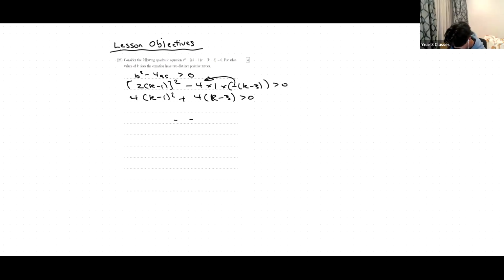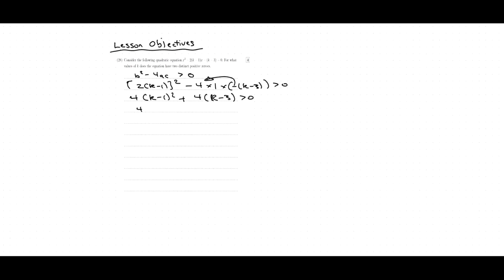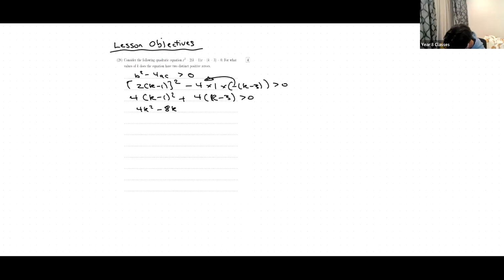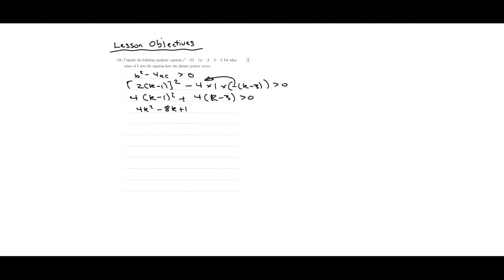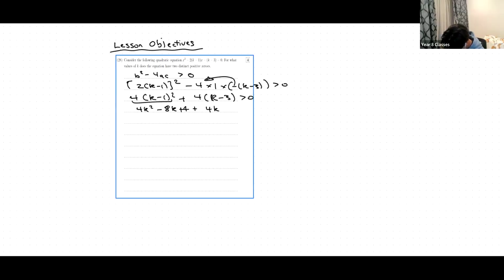So you get 4k squared plus 4 minus 8k, minus 8k plus 1. This is just expanding that term. Then you get plus 4k minus 12 greater than 0. You get 4k squared, this becomes minus 4k, and this becomes minus 8.